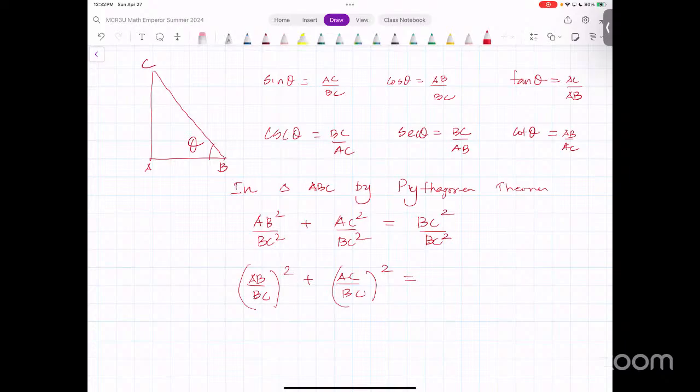BC squared divided by BC squared. Would it just be BC? It's 1. It's the same expression, isn't it? 2 divided by 2 is?